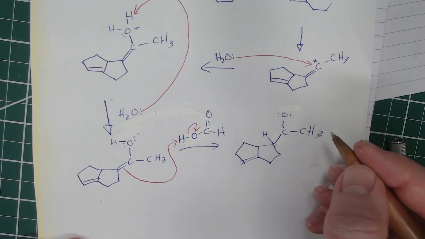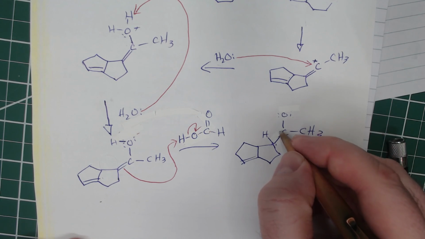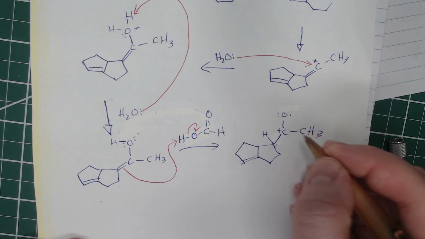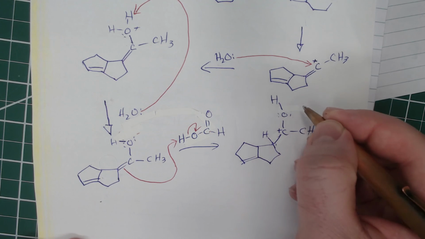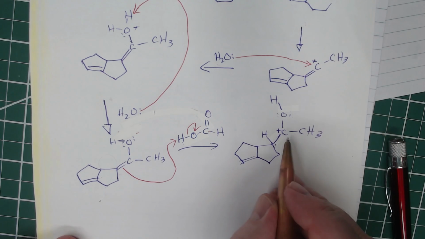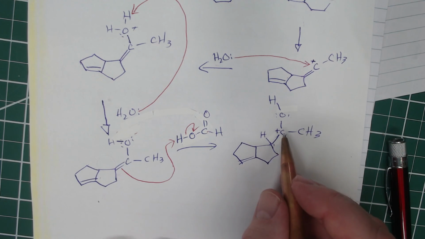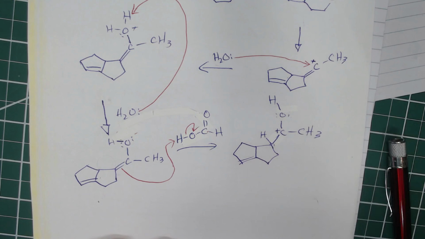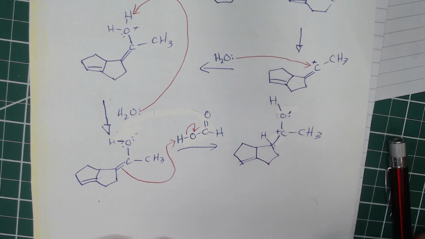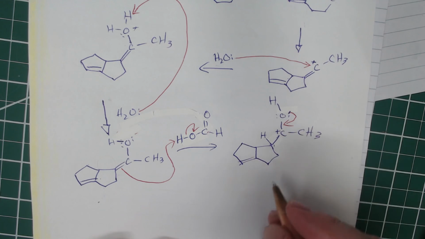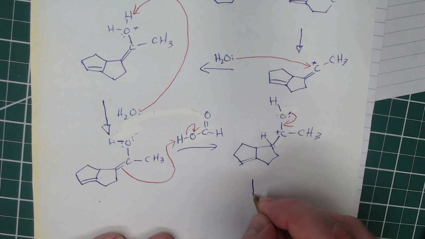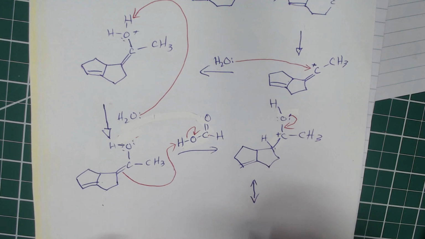There's a new hydrogen that is bonded there. We have a positive charge there. All right, we can draw a resonance structure for this. We're going to take one of these pairs of electrons, and we'll draw a resonance structure that'll move that positive charge over. So do a resonance arrow.